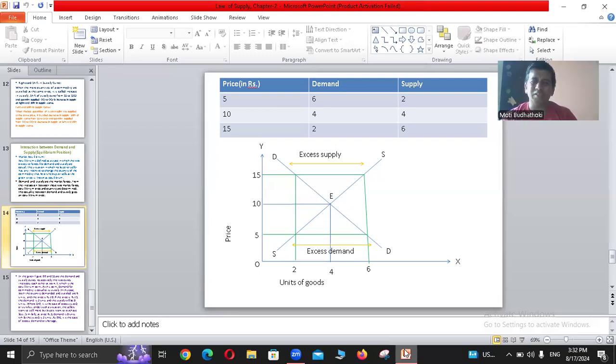When the consumer wants to buy more units of a commodity at a lower price, that is excess demand, which is shown in the big figure in the downside.